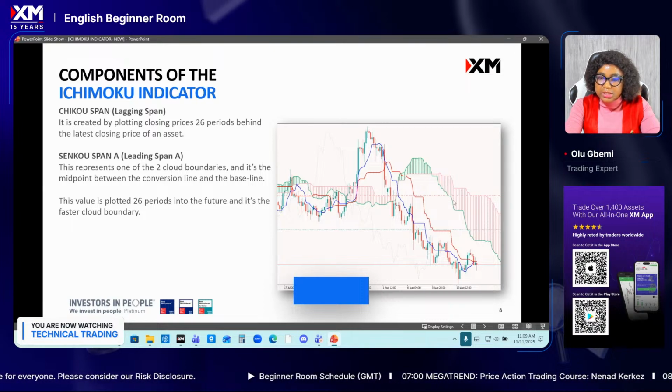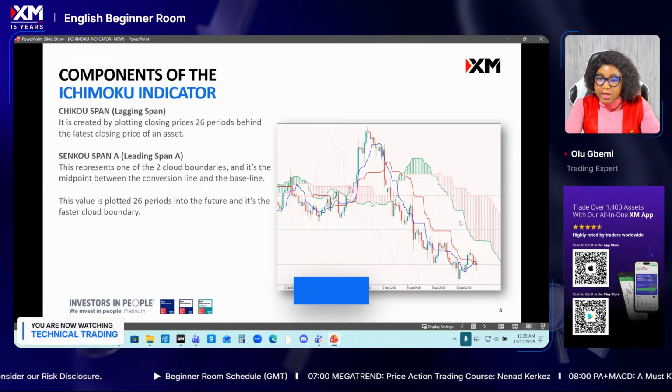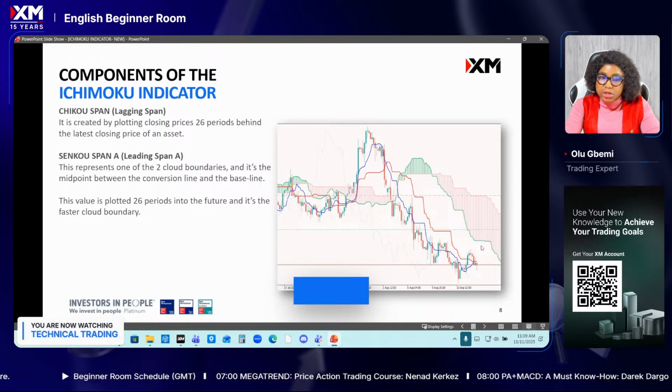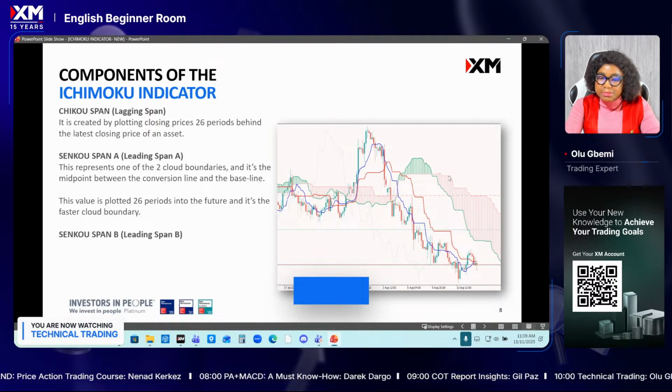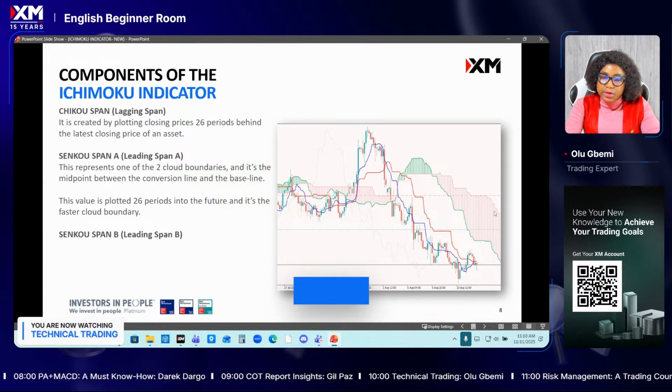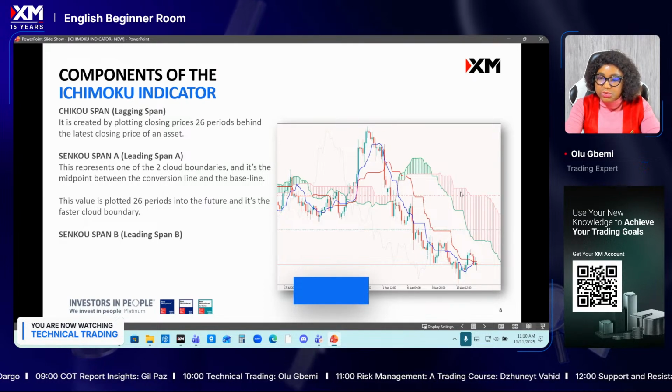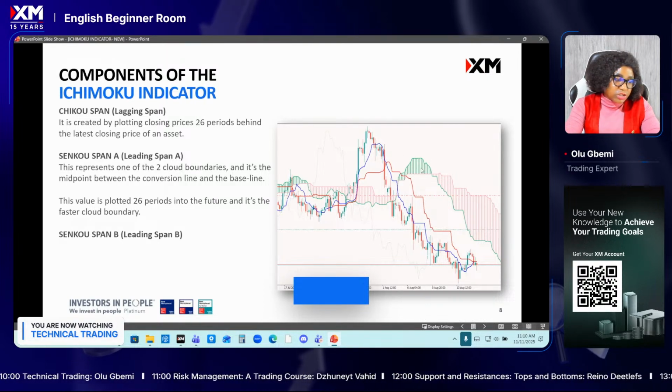Leading span A is the green boundary of the cloud. We have another one called the Senkou span B. It is the leading span B or the red boundary of the cloud. When the red boundary of the cloud is above, the cloud will be shaded red. When the green is above the red, the cloud is going to be shaded green.